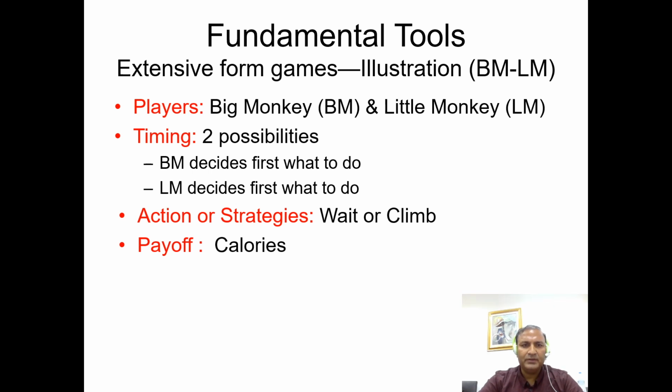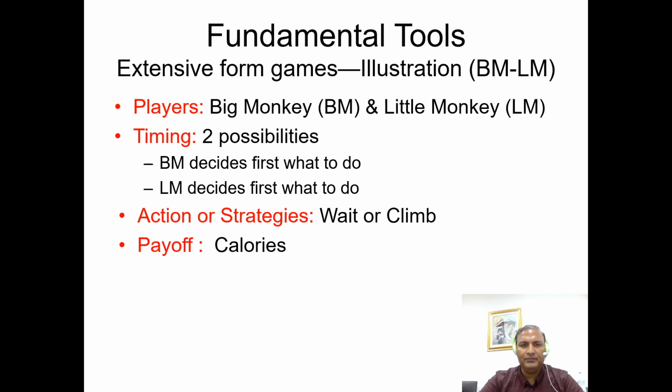In possibility number one, big monkey decides to move first, and then little monkey will move second. Another possibility is that little monkey decides to move first, and then the big monkey takes his action. So basically there are two possibilities as far as the timing of the game is concerned.